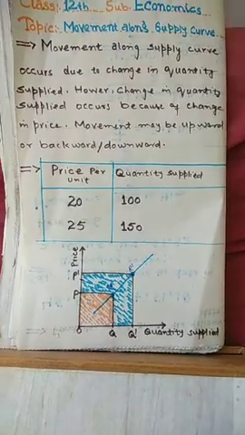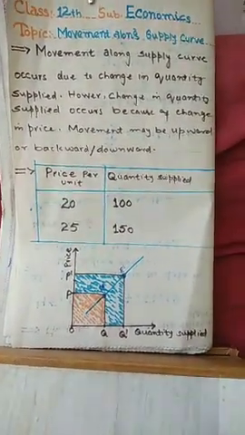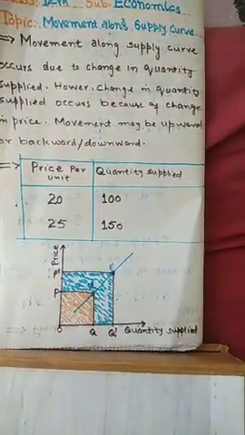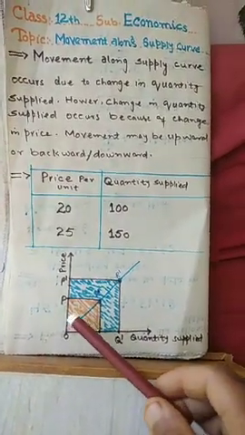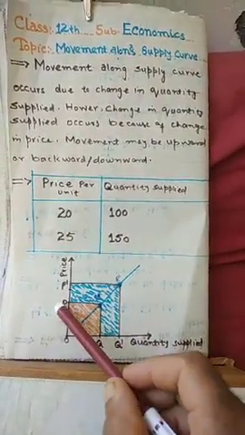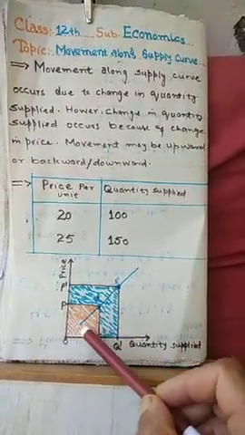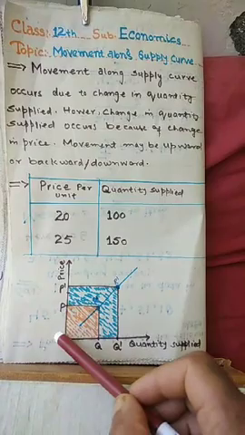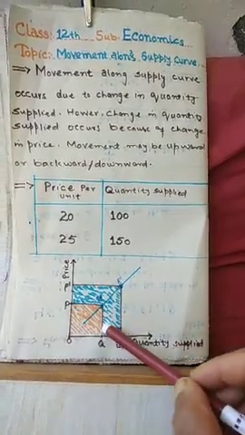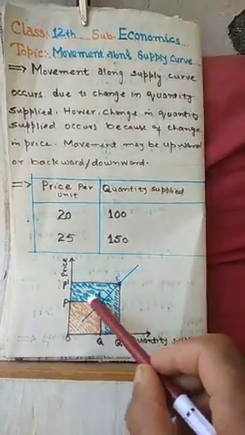You may also get here that when price was OP, this was the quantity supplied, which I have shown here with this quadrilateral.